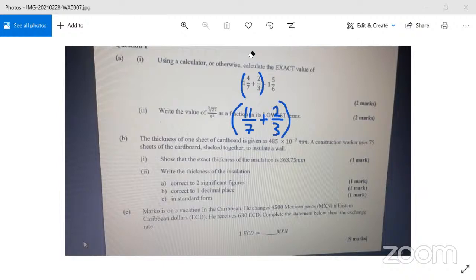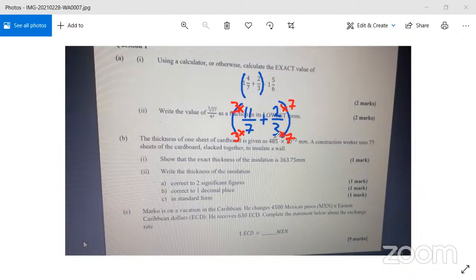So let's work on this. Multiply 7 by 3, 3 by 7. Multiply the denominator by 7. We'll do the same for the numerator.